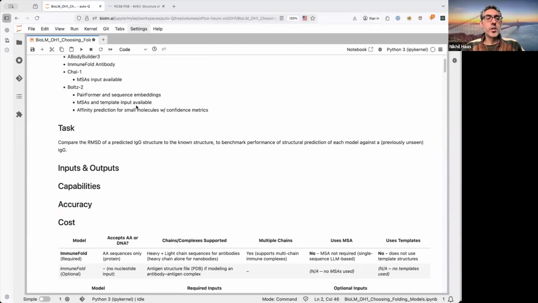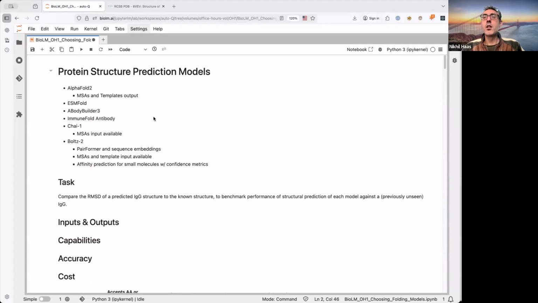The other consideration is when you run something like BoltzGen or BindCraft, underneath the hood those are using protein structure prediction models for ranking and getting metrics for optimization, right? BindCraft originally was using AlphaFold 2. And so you have to consider what structural model is used in these generative ones as well.